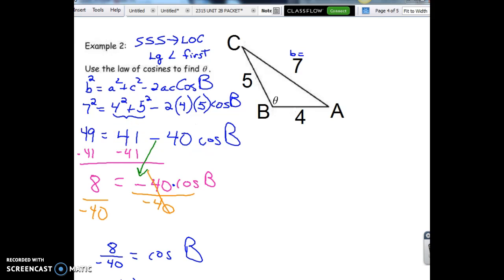Please do not subtract those two. Another tendency is you're going to forget this negative right here. Do not forget that negative.